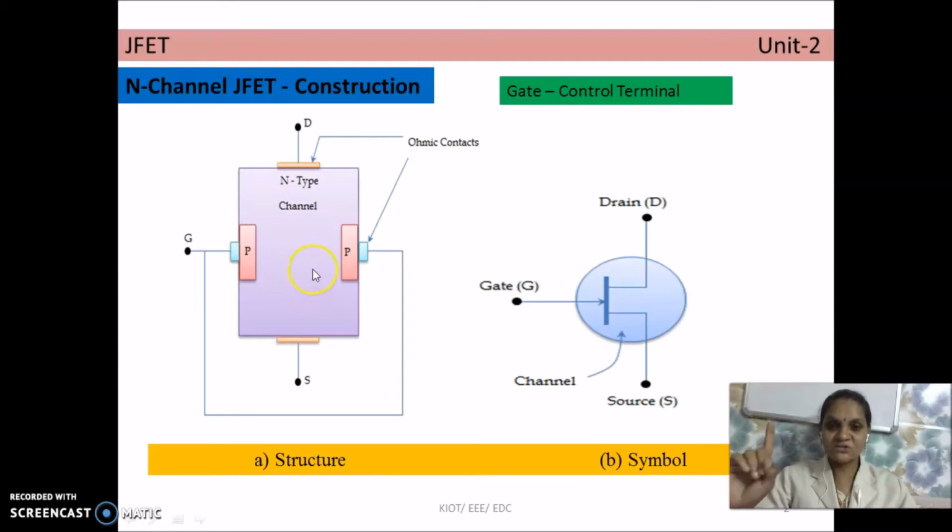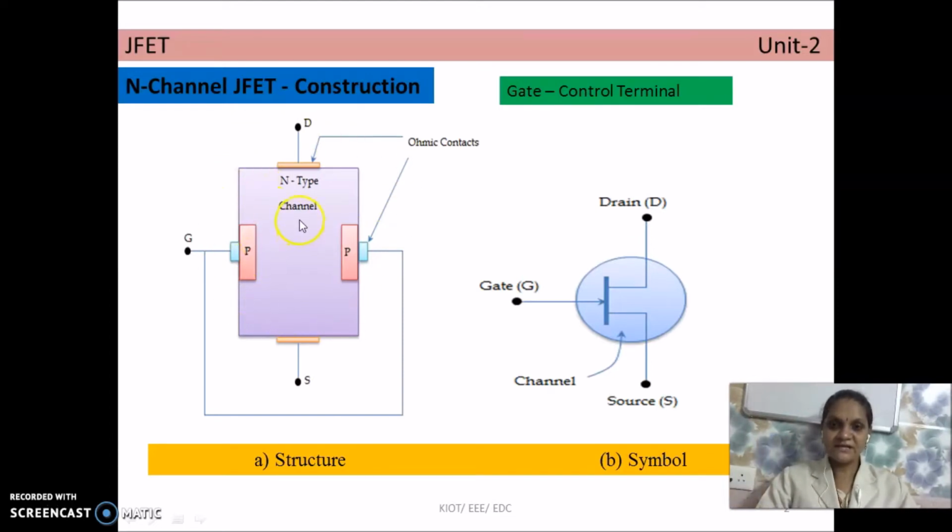That's why it is called an N-channel JFET, because the N-channel is formed by N-type semiconductor, whose majority charge carriers are electrons. So the current conduction is only by electrons, and that's why it is also called a unipolar device. That means conduction is due to only one type of charge carriers.